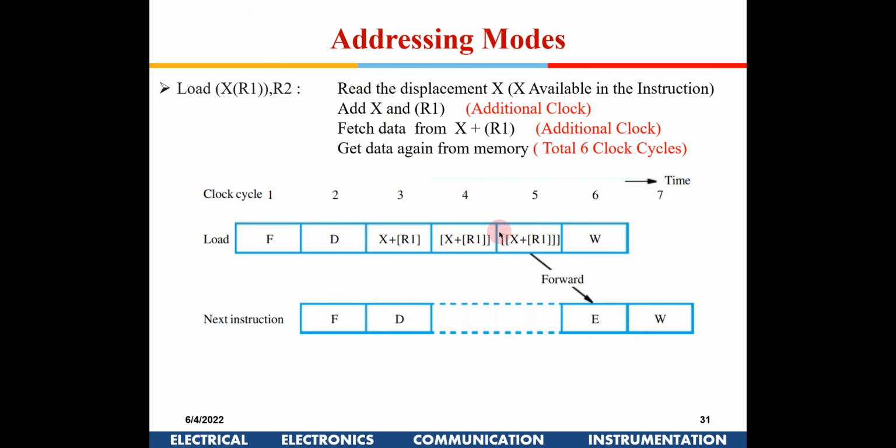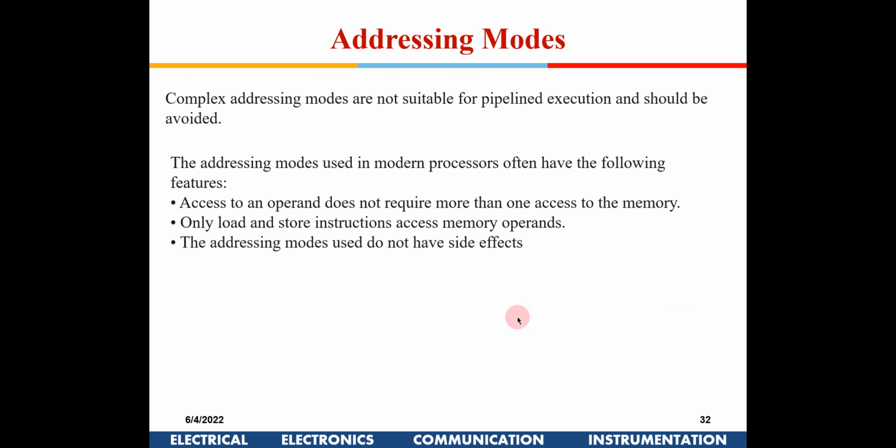So these complex addressing modes create issues in pipelining. Complex addressings are not suitable for pipelined instruction execution. The addressing modes in modern processors are used only in the load and store instructions. The RISC processors use just load and store.